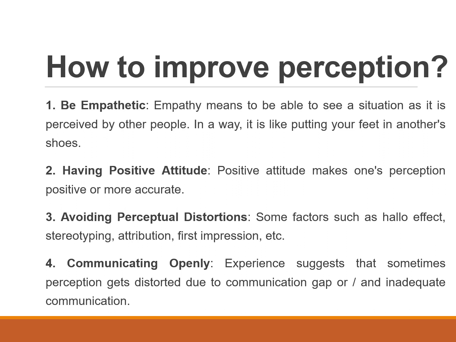Projection means most of the time managers expect the same characteristics of the manager from others. Sometimes the manager works hard and comes on time to the office, so he expects those things from their employees, but the reality is different.